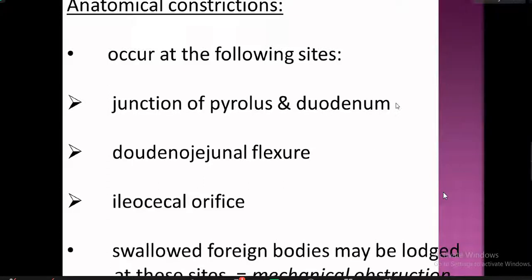So these are portions where foreign bodies can get lodged and cause mechanical obstruction. Some of you who chew mirror should be careful because in future you may end up having mechanical obstruction. There are some people with psychiatric conditions and they like eating or swallowing hair.